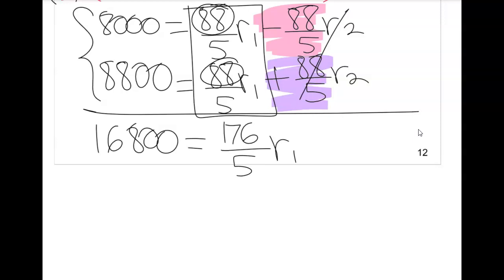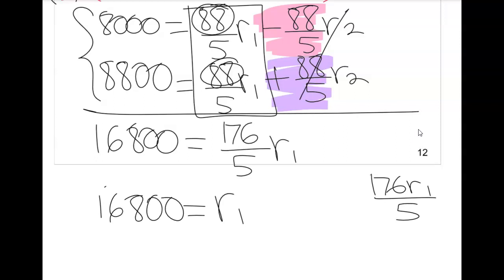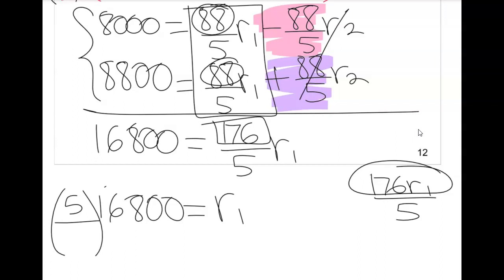And from here, I'm about to solve for r sub 1. One very quick way to solve for r sub 1, if you notice, the 5 is dividing r sub 1 because that is equivalent to having this expression. So if we have here 16,800 and we take the 5 across, from dividing it is going to be multiplying, so I'm going to put it up here. And the 176 here is multiplying the r sub 1, so if we take that across, it will be dividing.